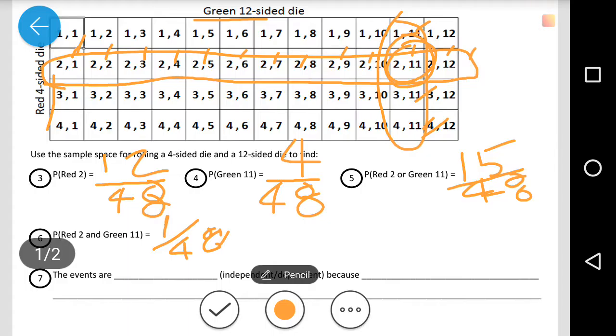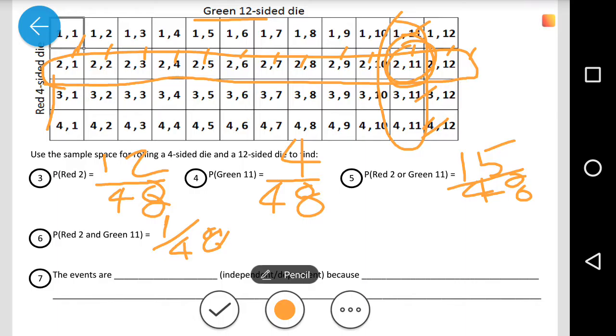Question 7 says, are the events independent? Is rolling a red 2 and a green 11, are those two events independent? If we think about the situation, if we roll the red die, we get a 2 on the red die. That will not change the probability of getting an 11 on the green die.